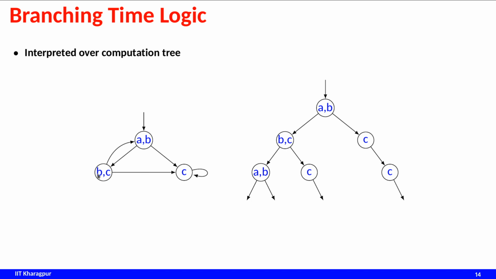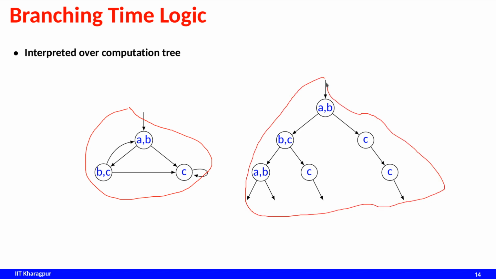If I have a Kripke structure like this, and I want to interpret some formula over this model, it boils down to checking on a computation tree like this. From AB, maybe I can go to BC or I can go to C. From BC I can go back to AB, or from BC I can go to C. Once I reach C, I will continue in C. I have no other option.